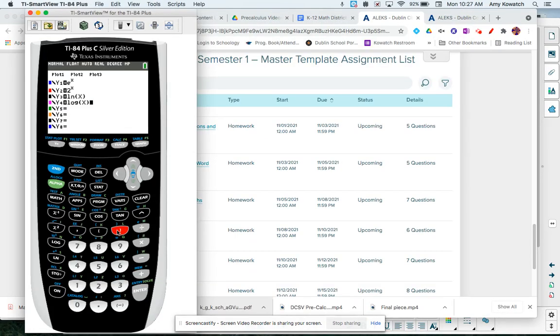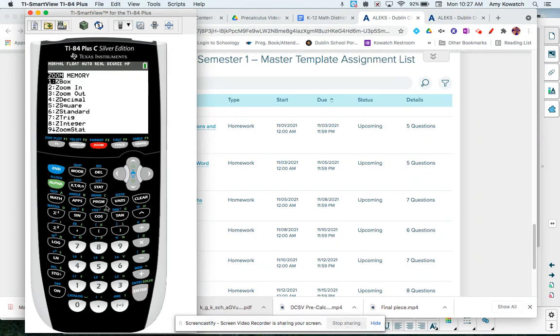So if you have these graphs on your calculator, e to the x and ln x are inverses. 2 to the x is just a different base than e. E is 2.718-ish. And then also this is log base 10. So these aren't inverses, just the blue one and the black one are going to be inverses. So let me go ahead and turn these off for now. But I'm going to go ahead and do a zoom standard window to graph them.